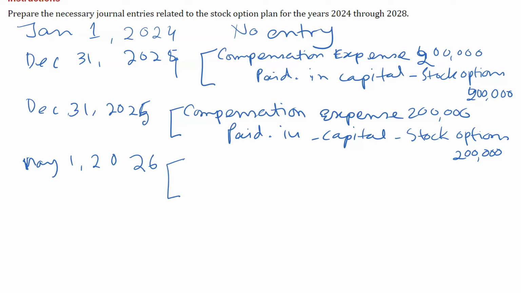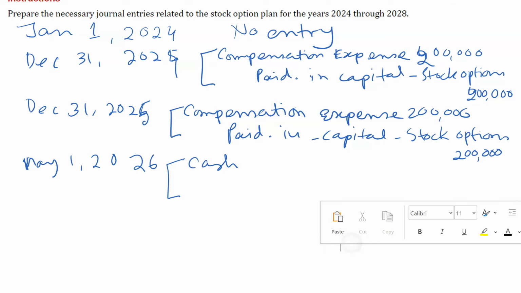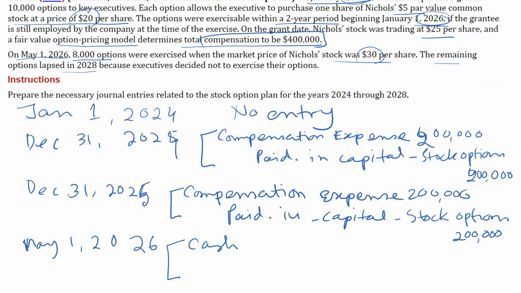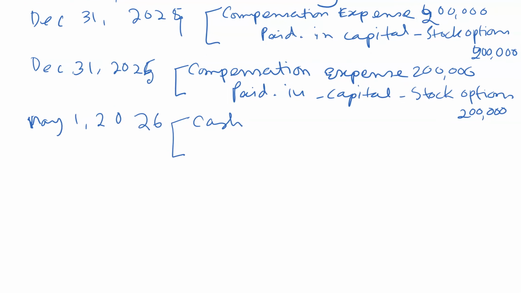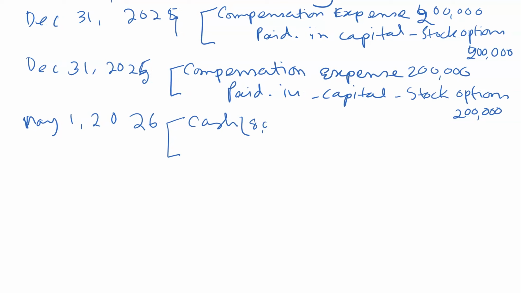So we will record the exercise of the option. The company will receive cash because each share they sold to those employees was for $20. That was the exercise price, and they exercised 8,000, so 8,000 shares were sold to those employees. Each share price $20, so the company will receive $20 times 8,000.